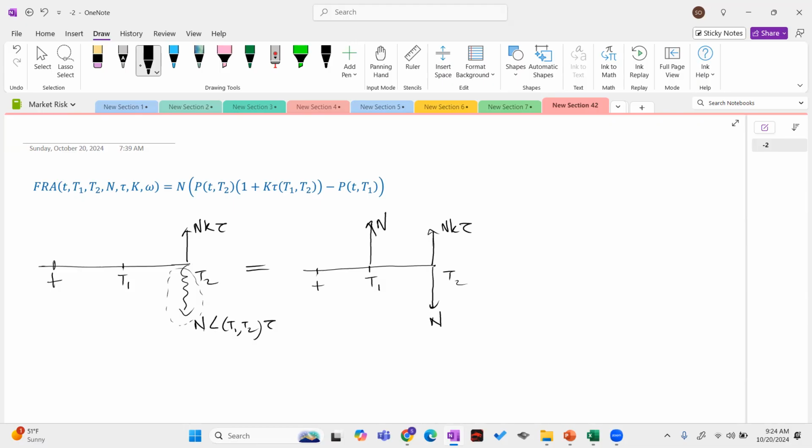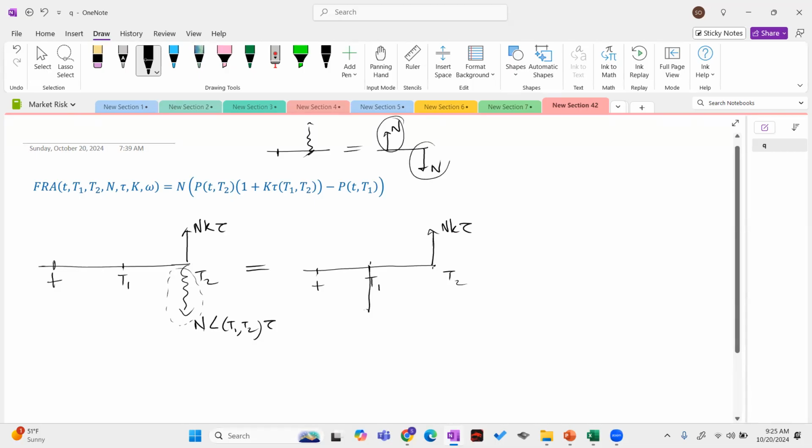Oh, I think I did it opposite. Hold on. Let's think. Outflow would mean a bigger outflow. So this is how you need to remember between inflow and outflow. If you have a floating rate inflow, this is equal to, since this needs to have a positive PV, right? Because you're getting something. So you'll get N earlier and lose N later. This will ensure I have a positive PV because this is nearer, this is further.